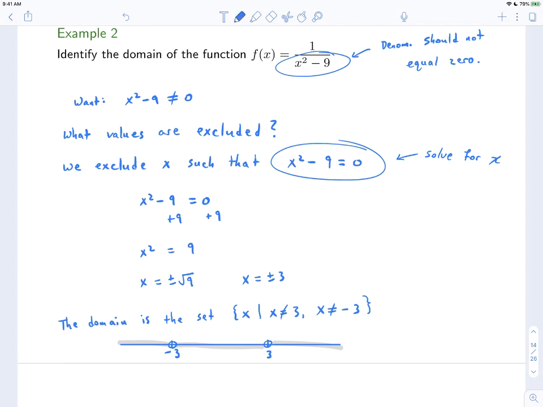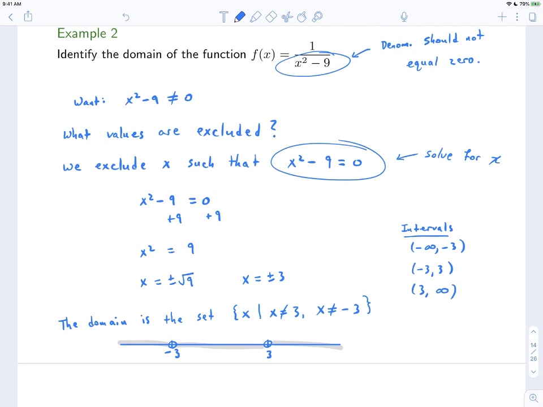So in interval notation, we don't have one interval, we have 3 intervals. The intervals are negative infinity to negative 3, not including negative 3, negative 3 to 3, not including either of the endpoints, and then 3 to infinity, again not including the endpoints.